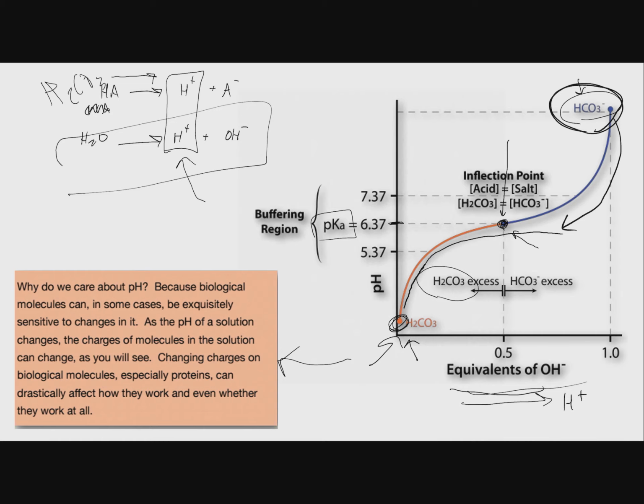Okay, so for any buffer, a buffer will have a maximum strength and display the flattening of its titration curve when A- is equal to HA and when the pH is equal to the pKa.